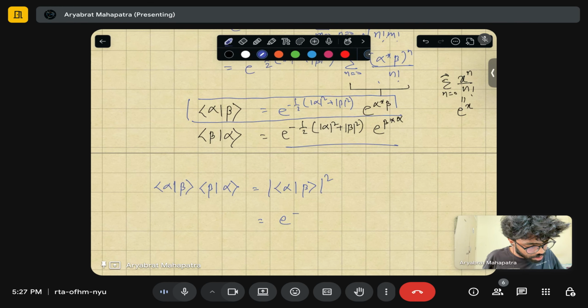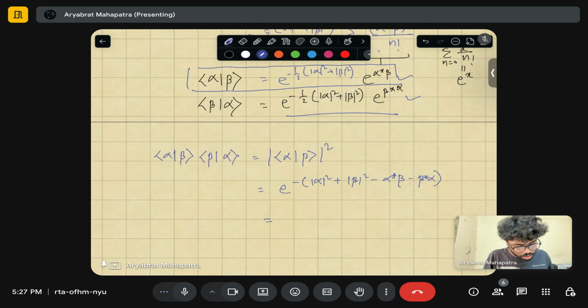The right hand side, if you multiply, you will get a minus of alpha square plus beta square minus alpha star beta minus beta star alpha, right? And this is nothing but exponential of minus alpha minus beta mod square.